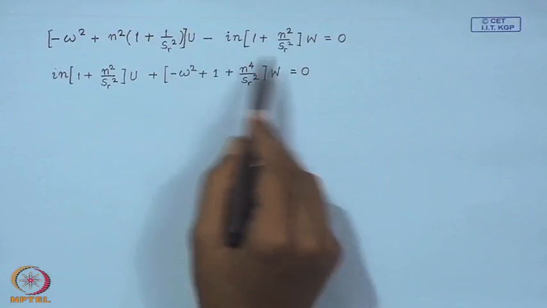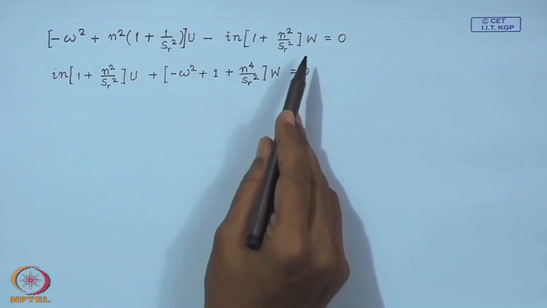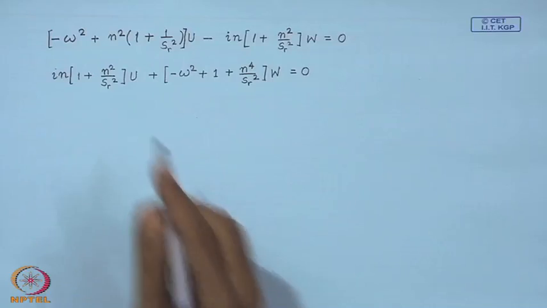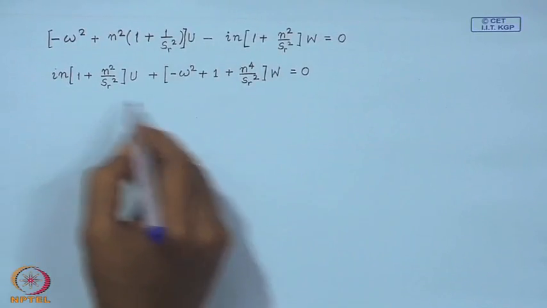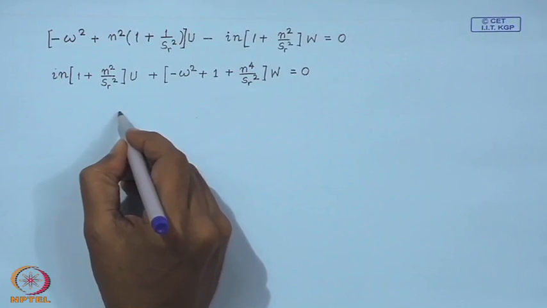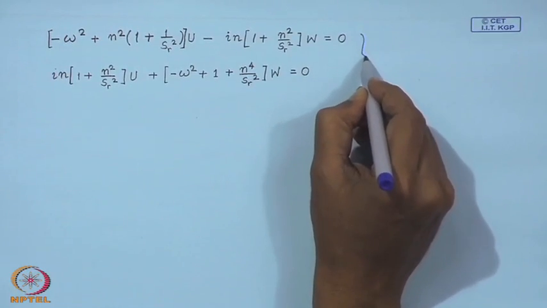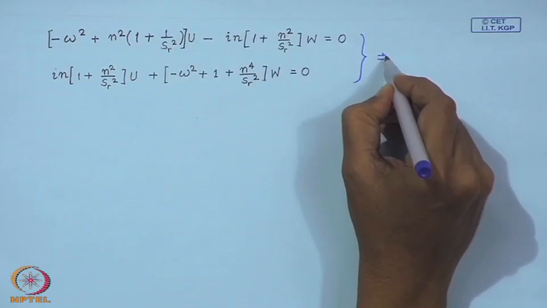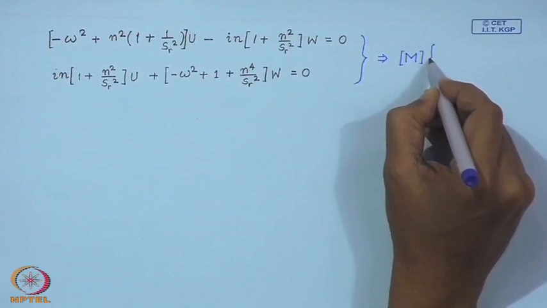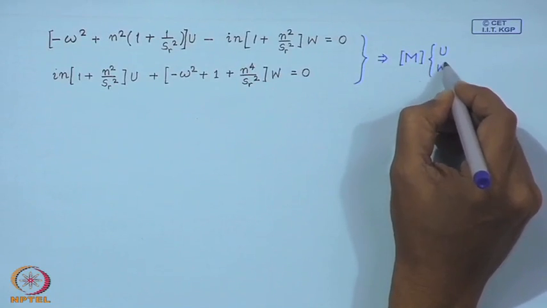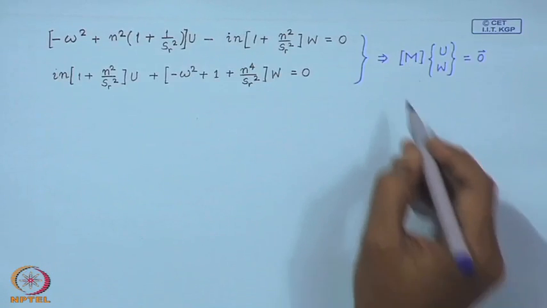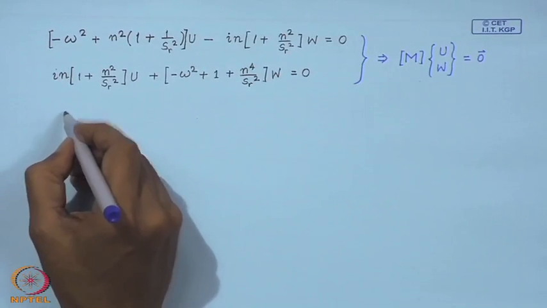Now, for non-trivial solutions of u and w, this capital U and capital W, we must have the determinant of this matrix, so we can write this as a matrix M, vanish. So, the determinant of M must vanish.